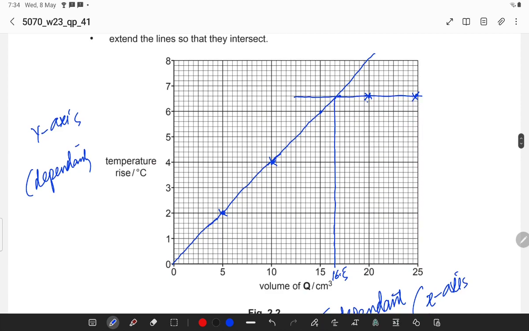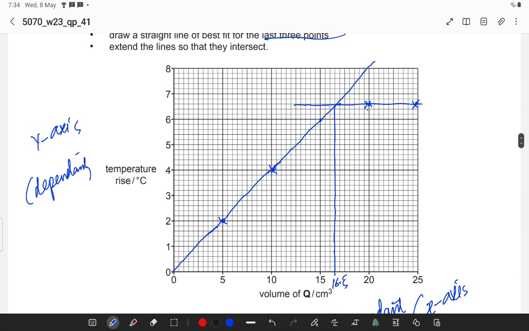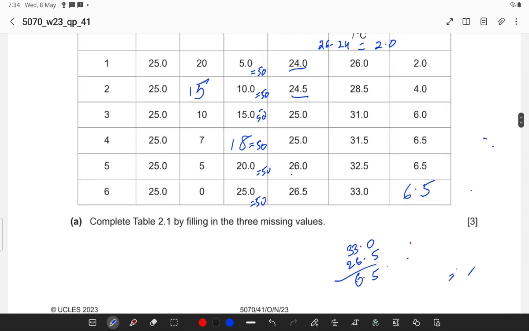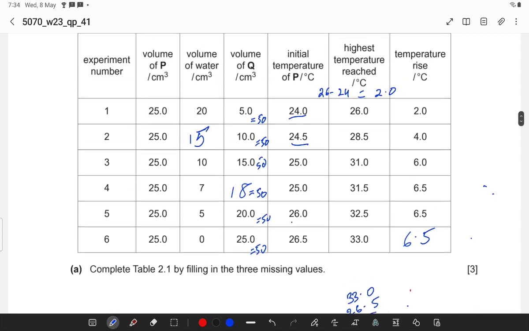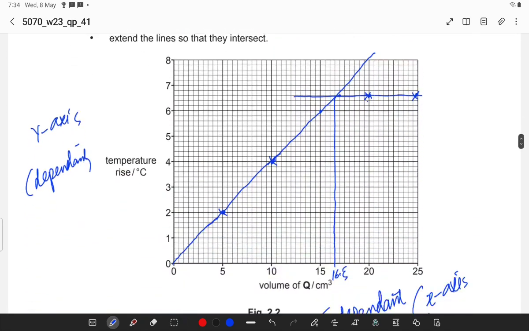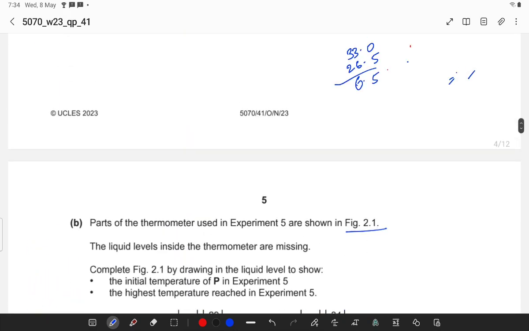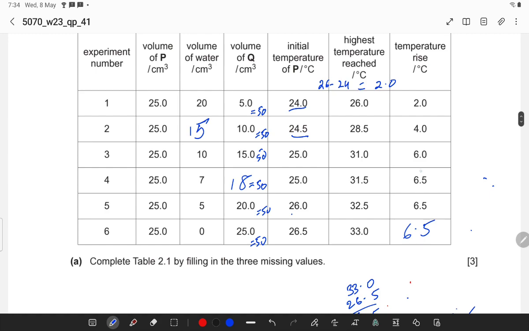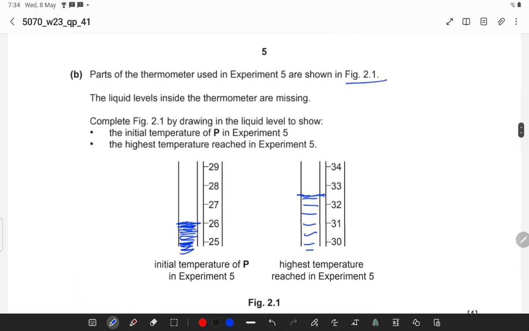On the axis is the temperature rise in degrees centigrade, and this is the volume of Q in tens.